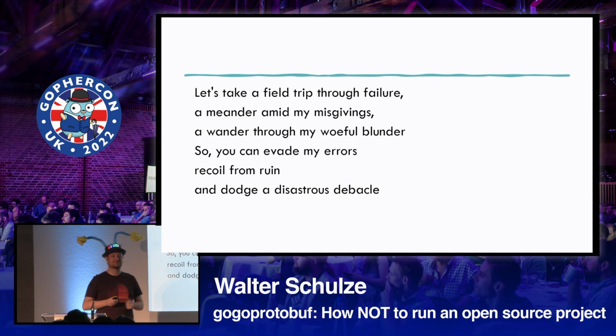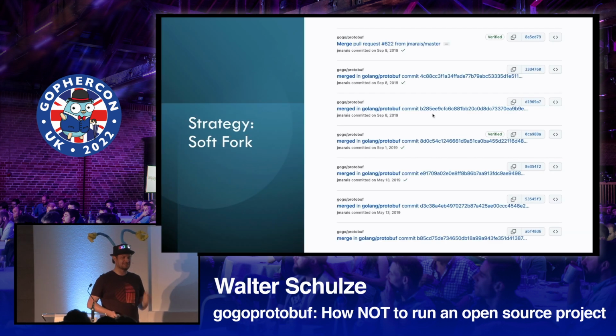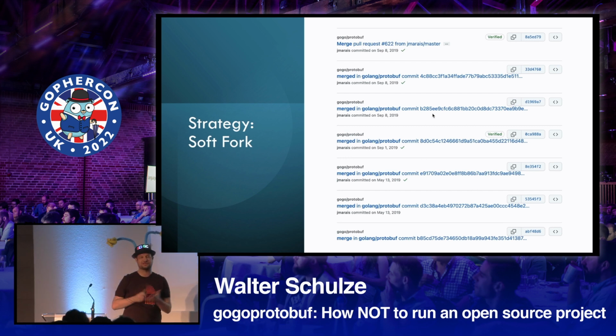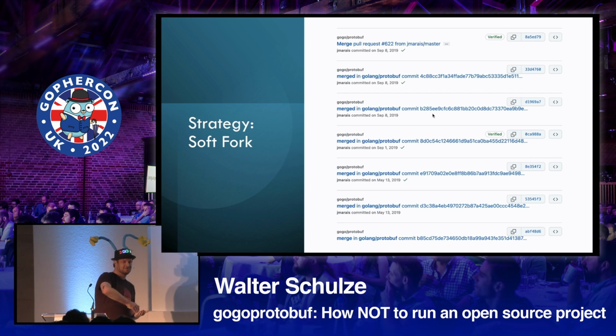Okay. So the first thing you want to do to fail at open source is GoGo soft fork. A soft fork is when you fork a repo and you make changes to it, but you don't merge those changes back upstream.